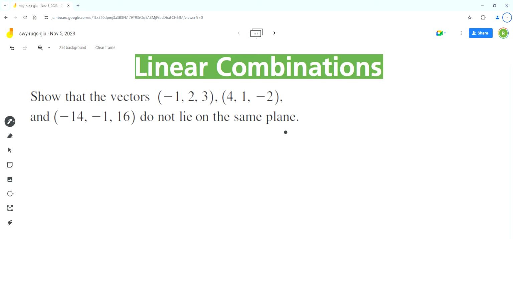So in this problem, we have to check whether we can write one of these three vectors as a linear combination of the other two vectors. So we'll have to use two constants and write a vector equation using these three vectors. So we can use the constants a and b.